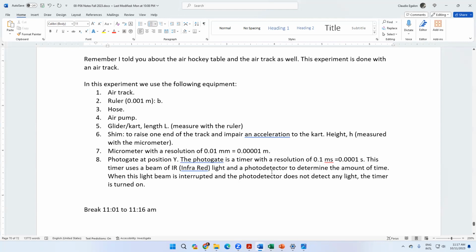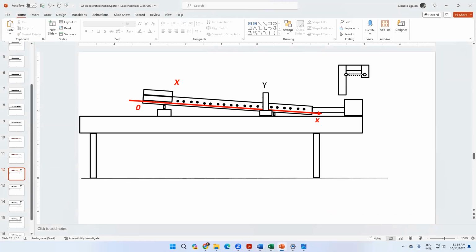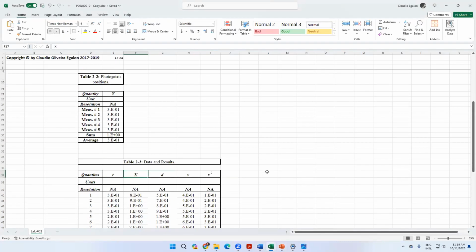Photo gate position Y. Okay. The photo gate timer has a resolution in milliseconds. When you see here, that's the resolution of the timer. Going back to my notes. Okay. And then what do we do?